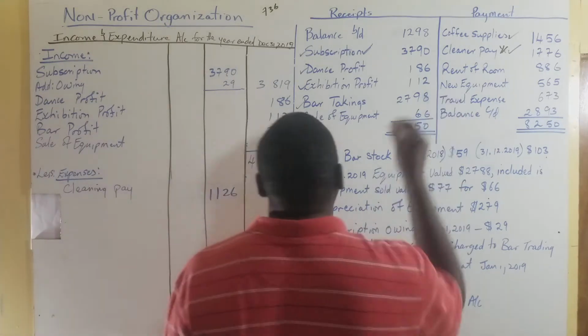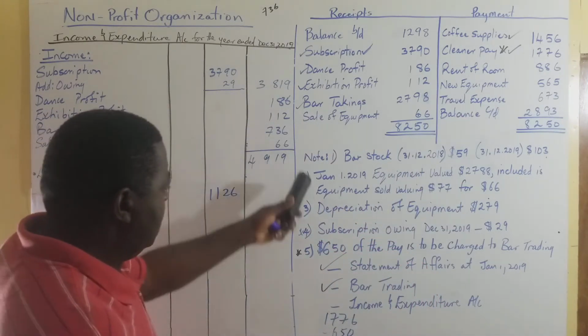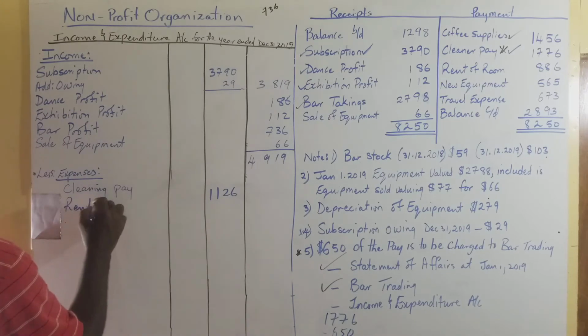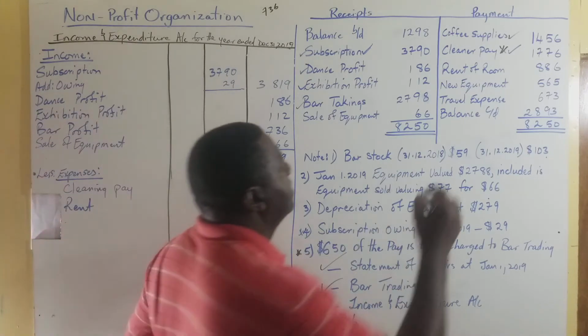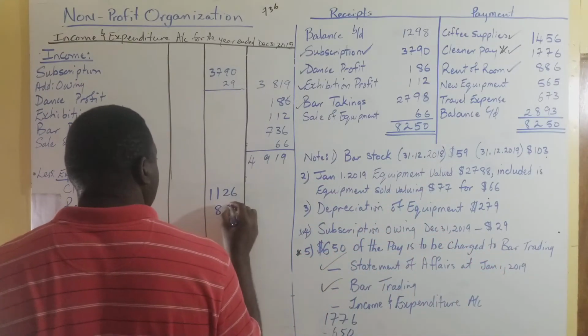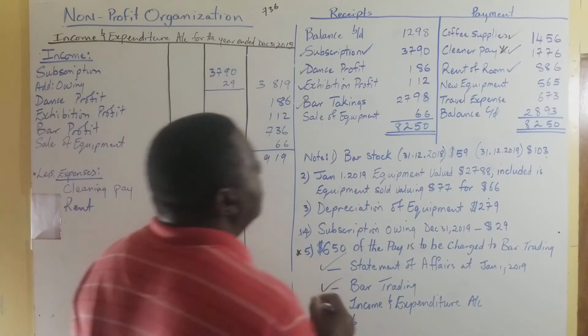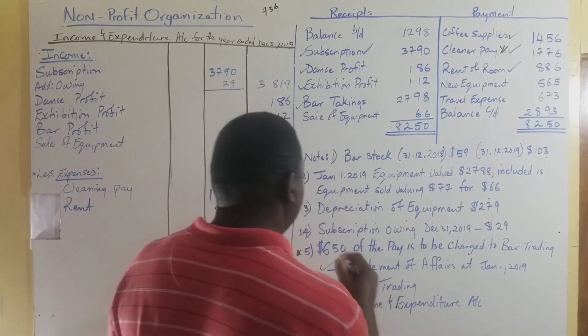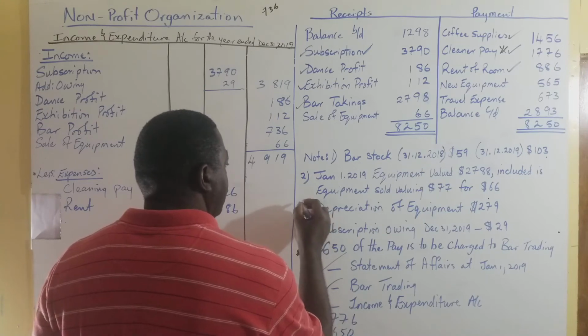We can take the rent now. Is there any adjustment? No. So the rent figure is this item, 886. And then we come to the matter relating to equipment. There's some depreciation right here.